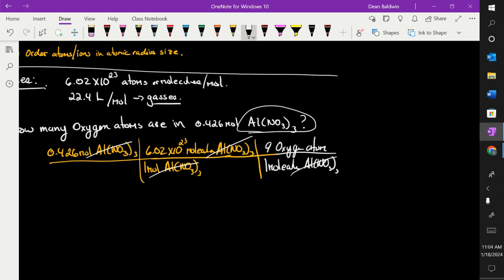So if you go 0.426 times 6.02 times 9, 2.31 times 10 to the 4? Yes? Is that the right number of sig figs? Since we're here, we might as well do it. What'd you start with? How many sig figs? 3. Yeah, so we're good. It's 3 sig figs, right?